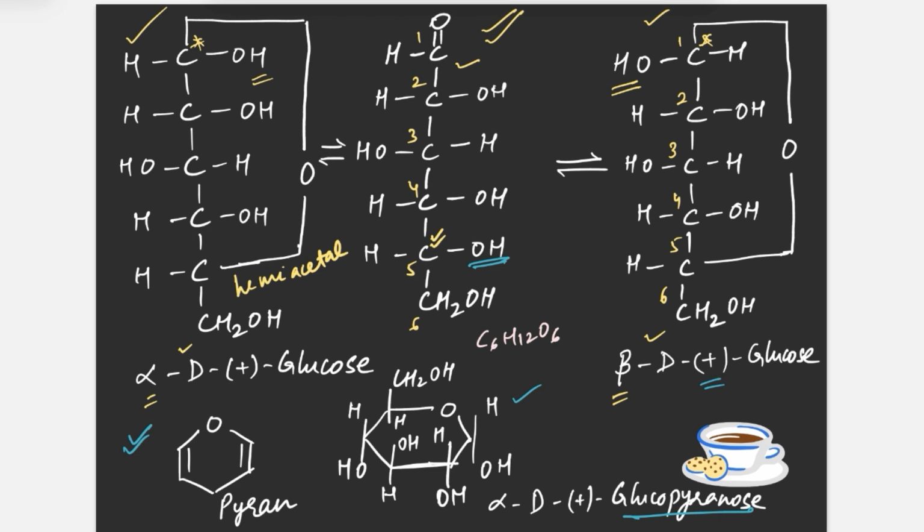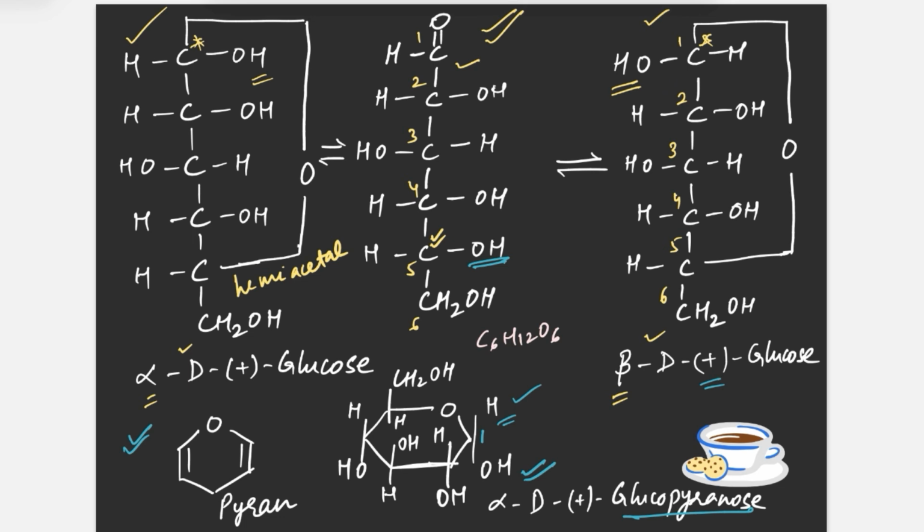For example, जैसे कि ये first carbon है, अब first carbon पे alpha D glucose में OH right hand side पे है, so it is written below the plane of the ring. So in this, OH is shown below the plane of the ring. Hydrogen is present on the left hand side, so it is shown above the plane of the ring.